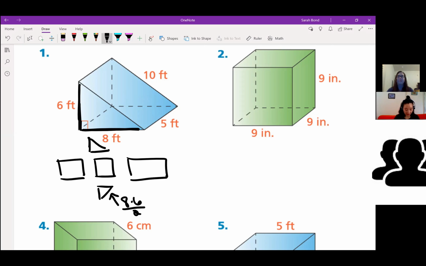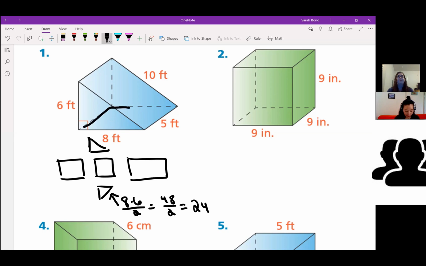So first, find the area of the triangle. This triangle matches the back triangle. Okay, so 8 times 6 is 48. You divide that by 2. The triangles are the hardest part, but it still can be hard to find the length and width of the rectangles. You just have to be really careful.